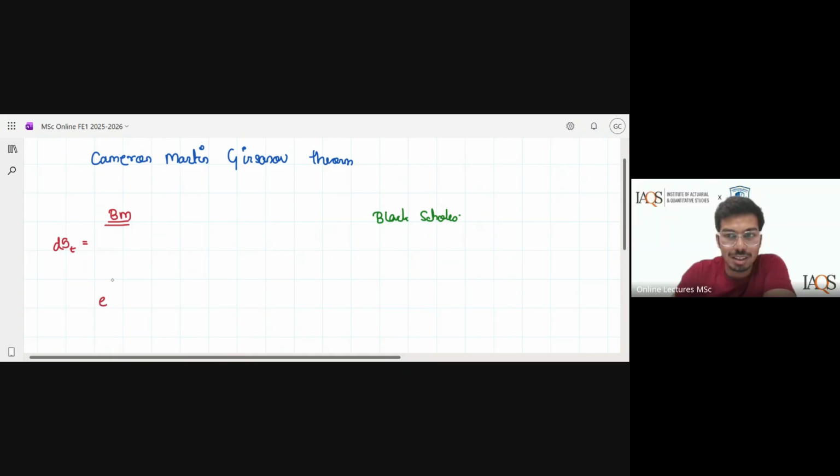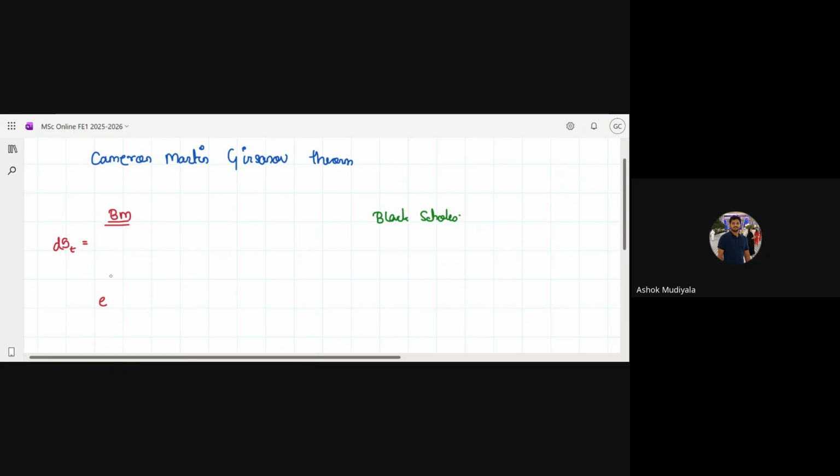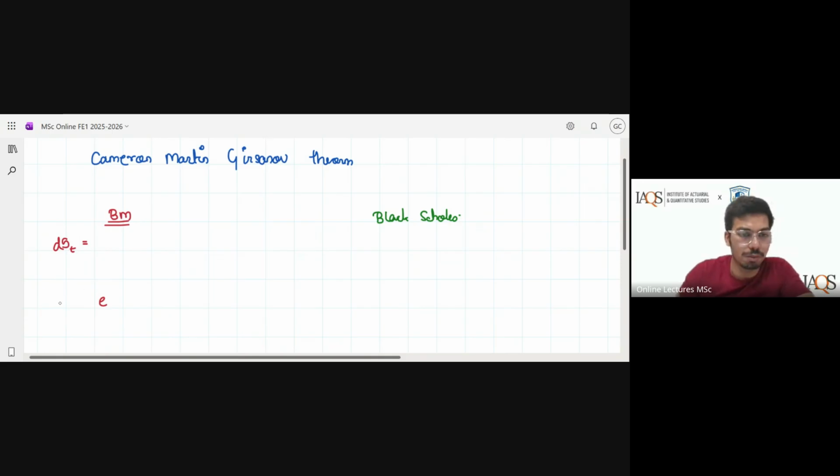Exponential of X0 plus mu t plus sigma BT, the initial form. After that we derived ST is equal to S0 into e raised to mu minus sigma square by 2 t plus sigma Bt. Perfect. That was my integral form.